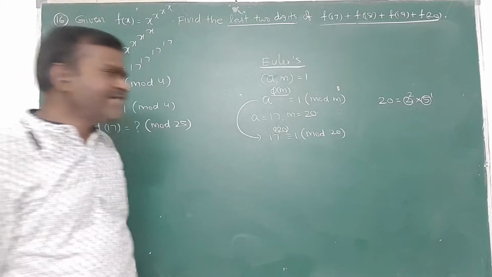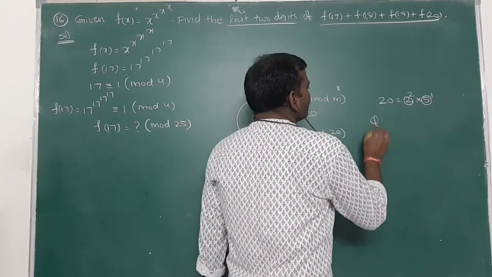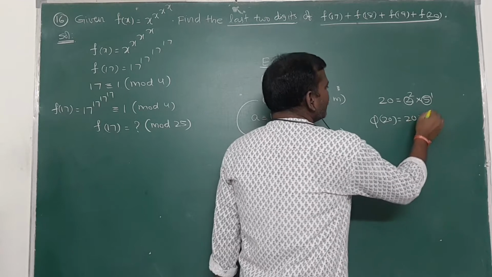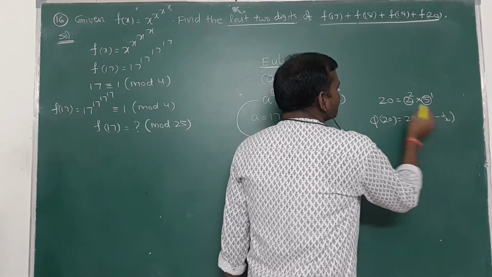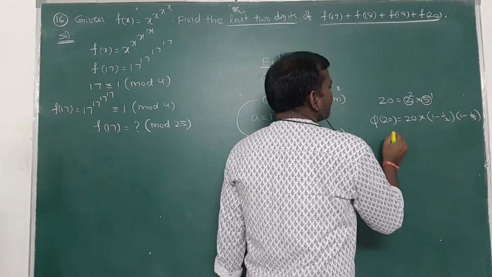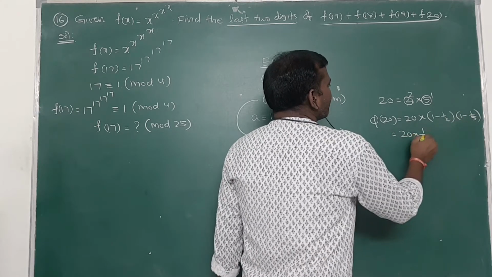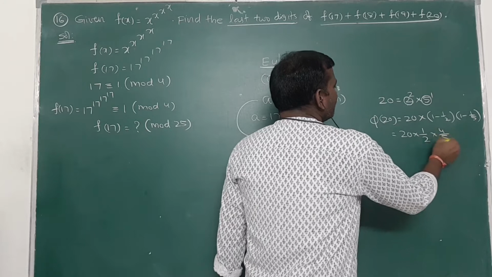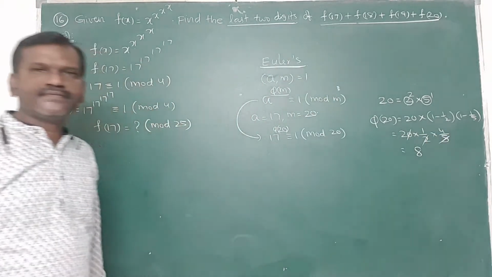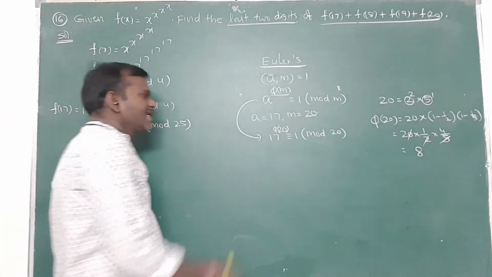If I know the prime factors of 20, then the quotient value can be found as 20 into (1 minus 1 by 2) into (1 minus 1 by 5), that means 20 into 1 by 2 into 4 by 5. 2 fives are 10, so 8 I am getting. Phi of 20, the quotient value of 20, is 8.